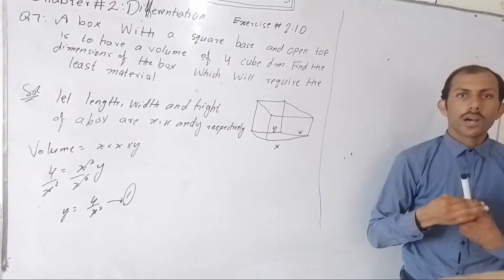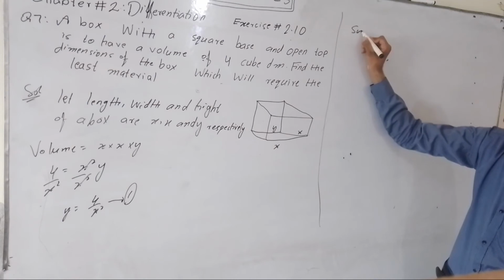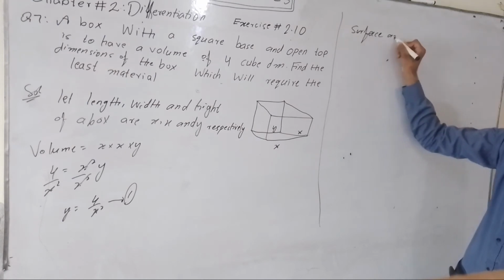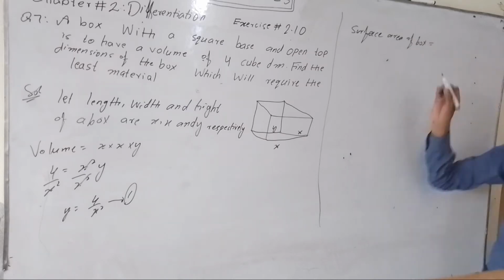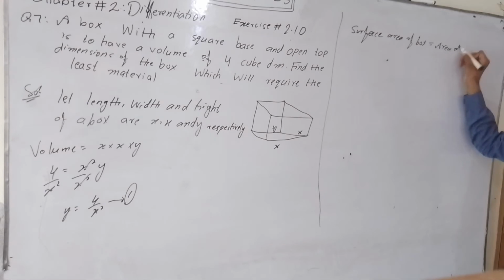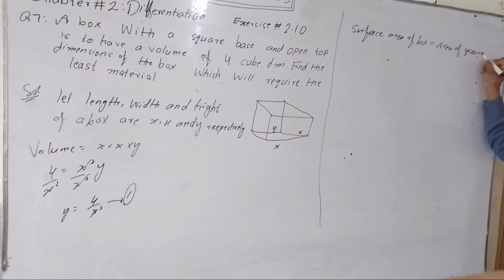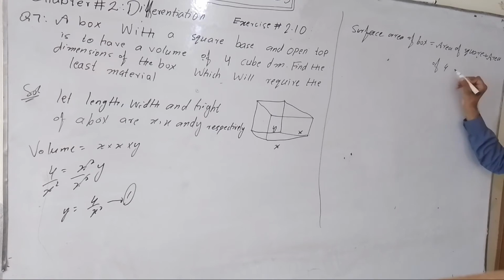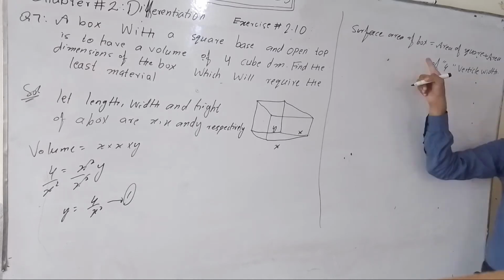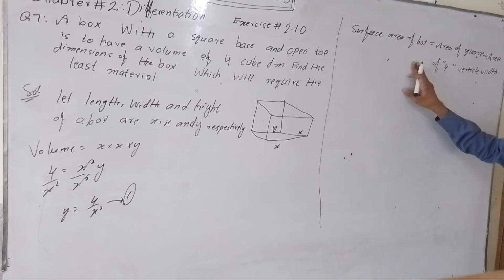Next, the surface area of the box is equal to the area of the square base plus the area of the 4 vertical walls.